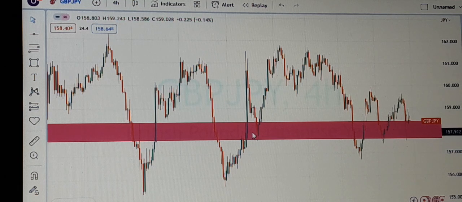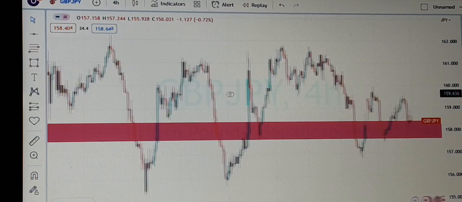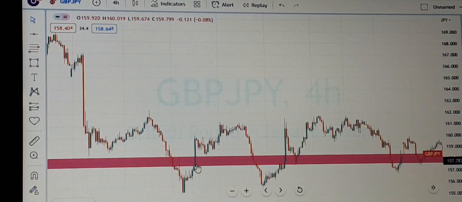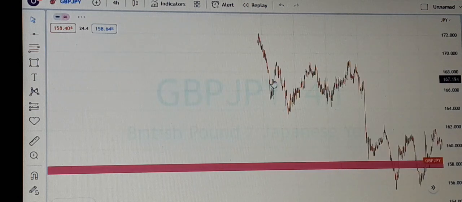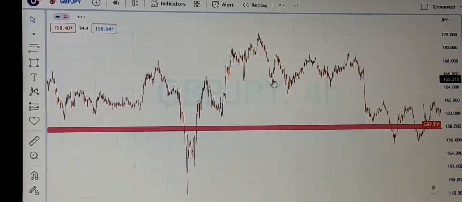Look at how this candle moved from that area, a very big bullish candle. Look at how this candle broke away from this zone, a very big bearish candle. Look at how a bullish candle came from it, a very big bullish candle.